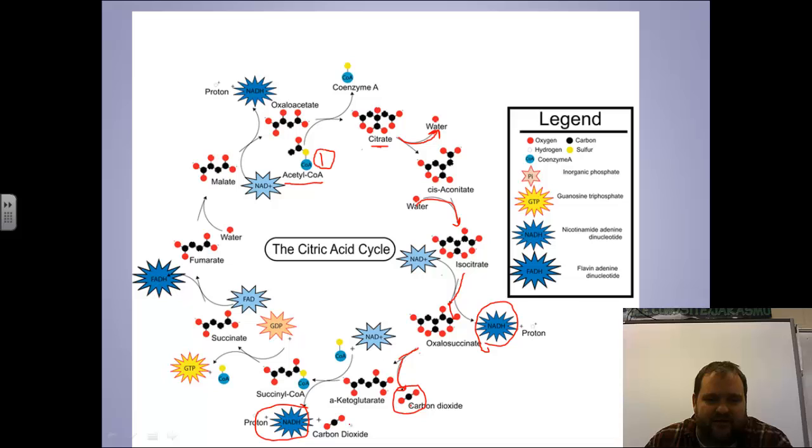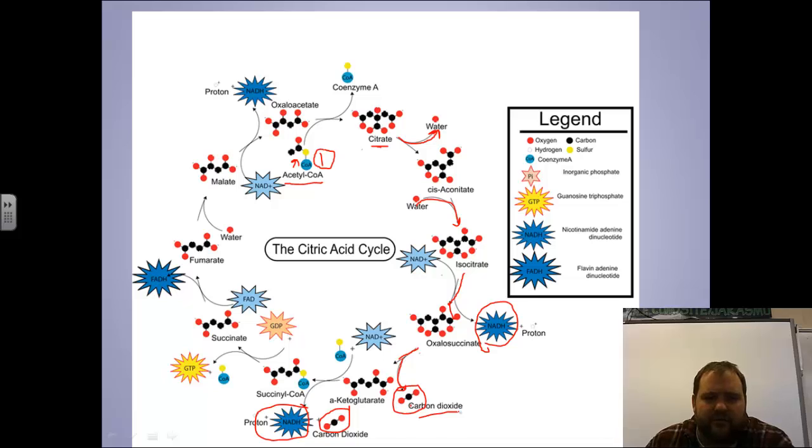So essentially the acetyl-CoA that we put in with 2 carbons, we've now removed all those carbons. We pull them out in the form of carbon dioxide. So acetyl-CoA goes in and carbon dioxide comes out.